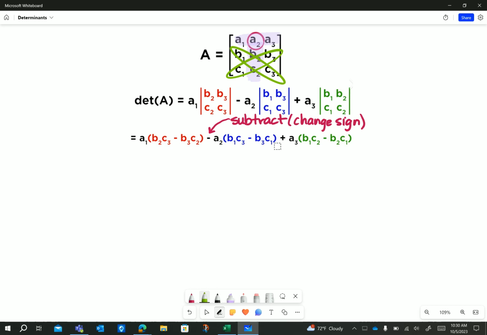And now, last but not least, you go to the last element, A3. What is the row and column that it is asking you to block out? Notice you're always blocking out the first row. So cross multiply B1, C2 minus B2, C1.